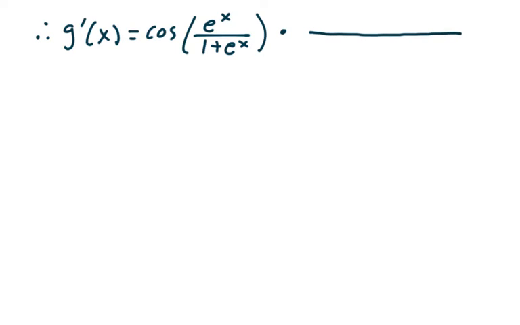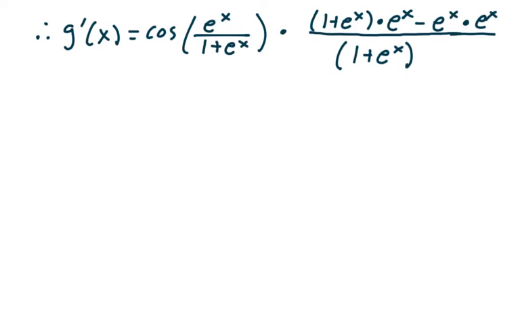Now, write down the bottom function, which is 1 plus e to the x, multiplied by the derivative of the top function, which is just e to the x, minus e to the x, times the derivative of the bottom function, which again is just e to the x, and I'm going to take that result and divide by 1 plus e to the x squared.